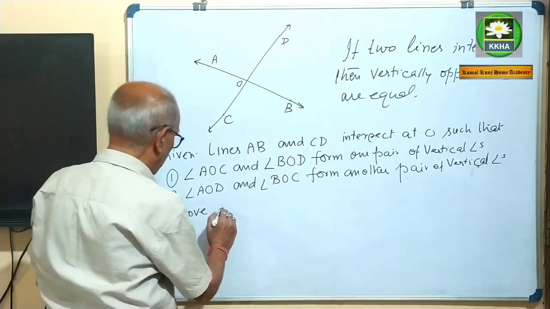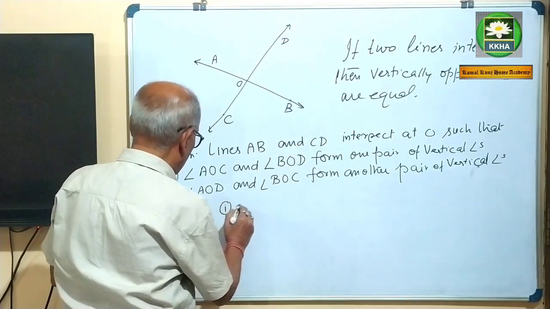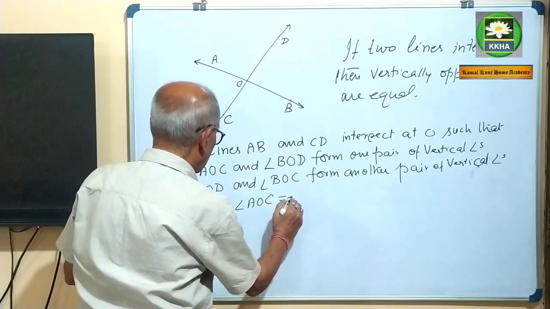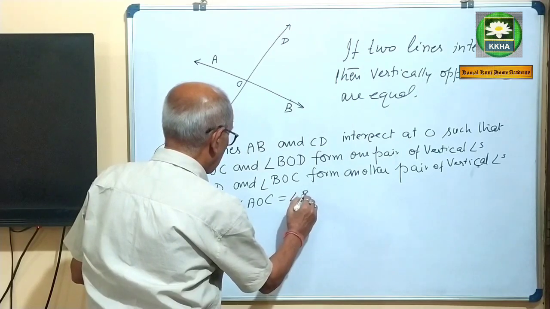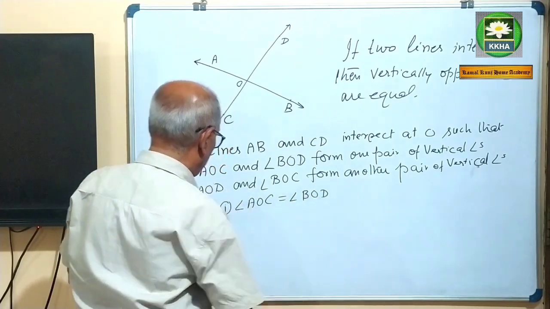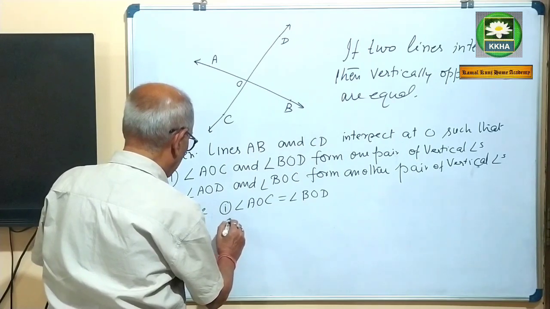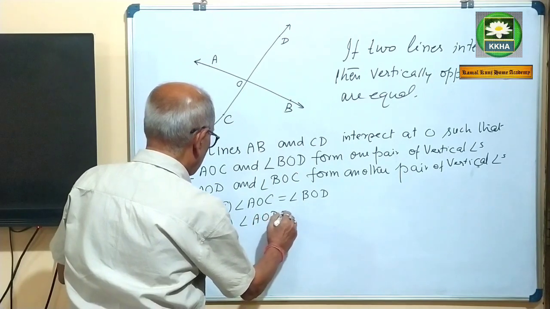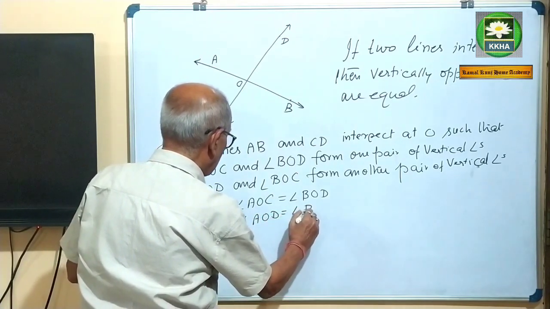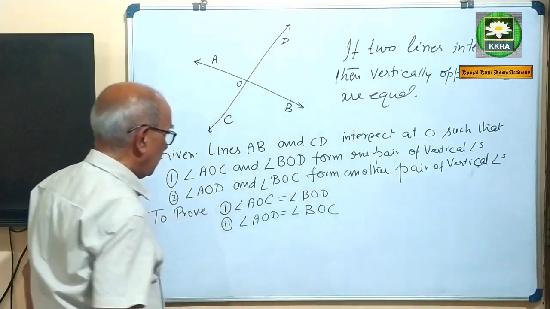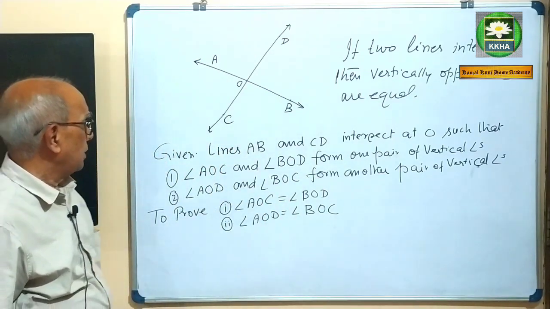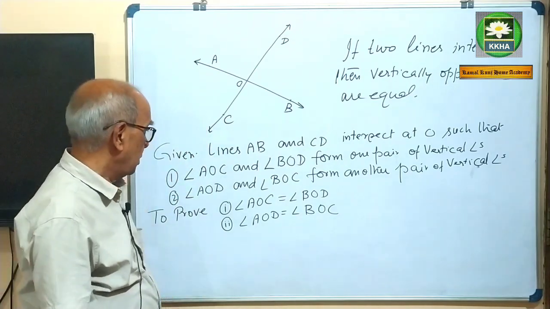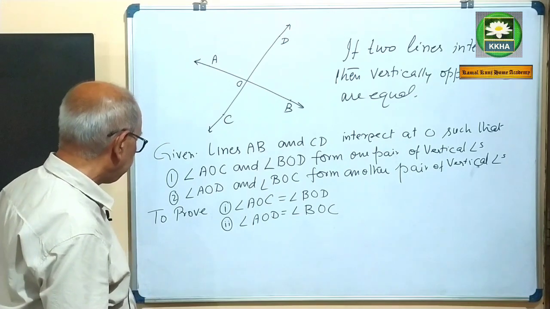To prove angle AOC is equal to angle BOD, and second, angle AOD is equal to angle BOC. We have to prove that vertical angles are equal or congruent.